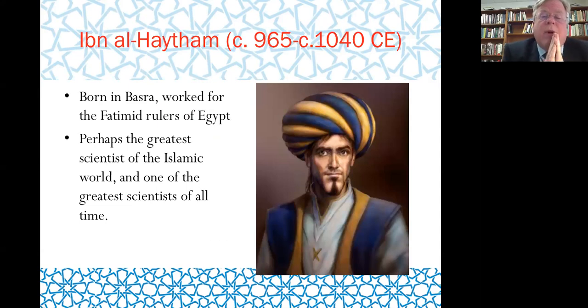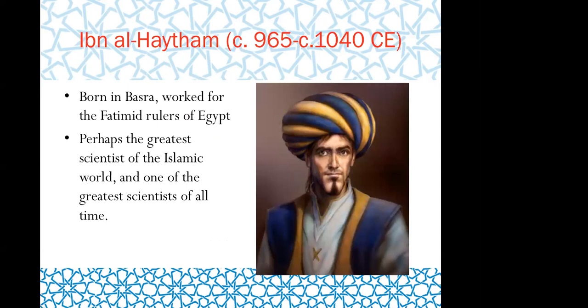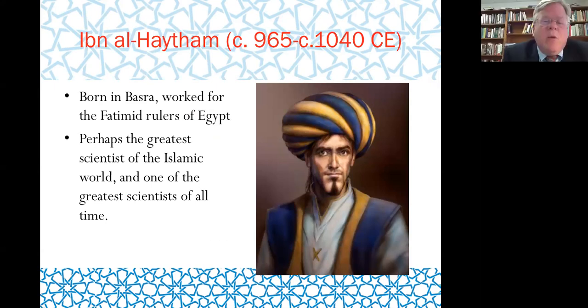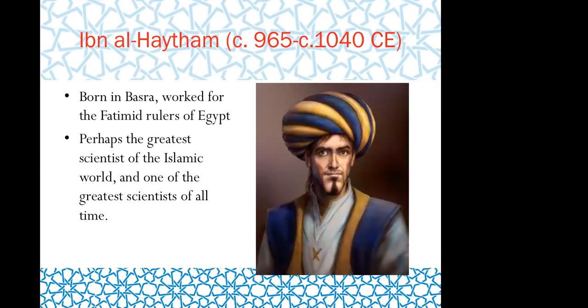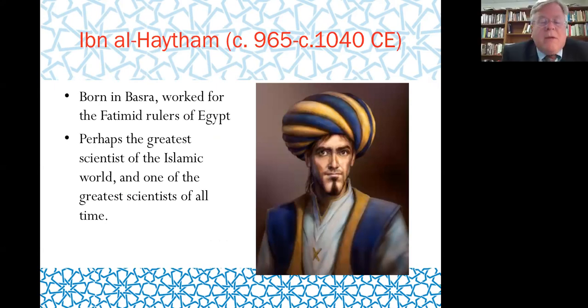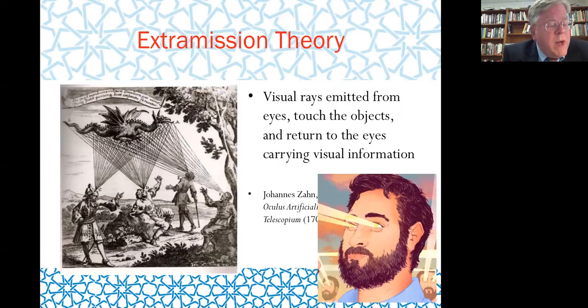He was born in Basra in the middle of the 10th century, and he worked for most of his career under the Fatimid rulers. By most estimations, he was probably the greatest scientist of the world of Islam and one of the greatest scientists of all time. The quest to understand how vision works goes back at least to the ancient Greeks.